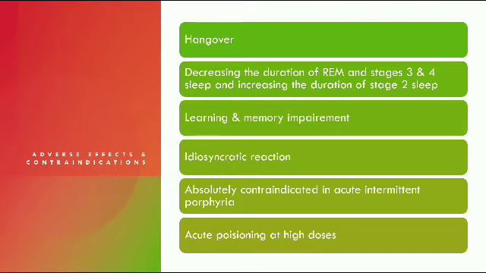Now the next is absolute contraindication. Where is it absolutely contraindicated? Yes, it is absolutely contraindicated in acute intermittent porphyria. Now you may ask why? Because porphyrin synthesis is increased due to induction of ALA synthase.